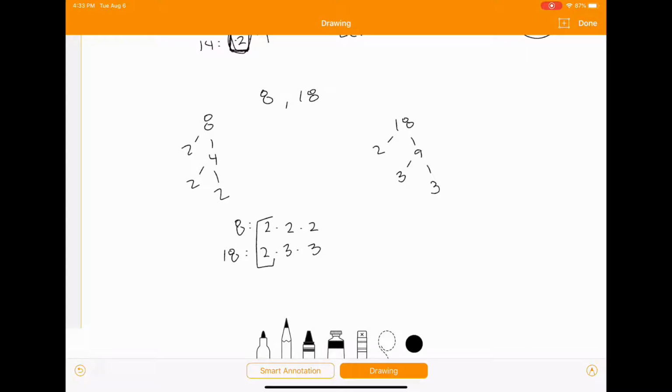Box anything in common. Least common multiple is going to be anything that's not boxed. So 2 times 2 times 3 times 3 times anything that is boxed. And anything boxed counts for one number, so times 2. So when you do the math on that, you end up with 72 is your least common multiple.